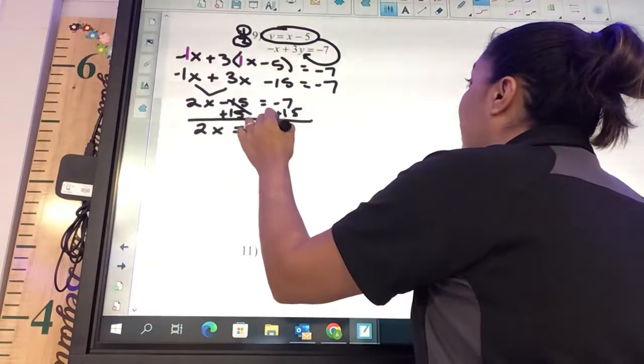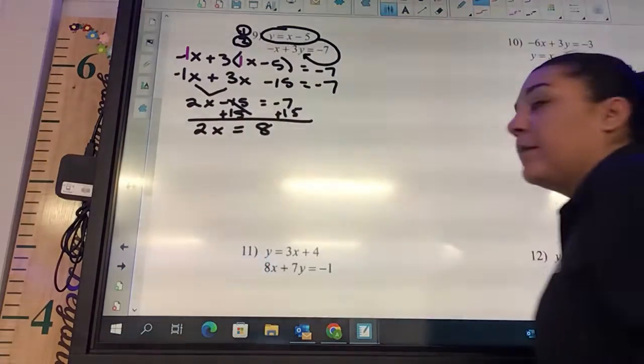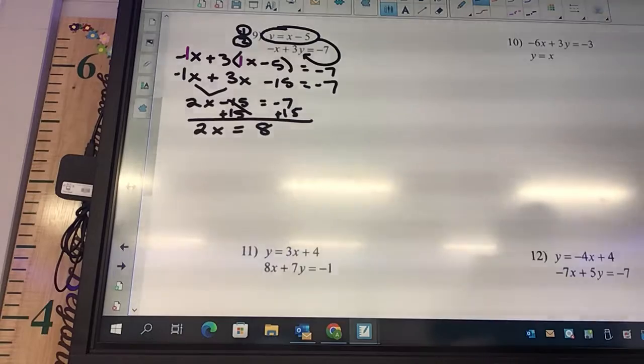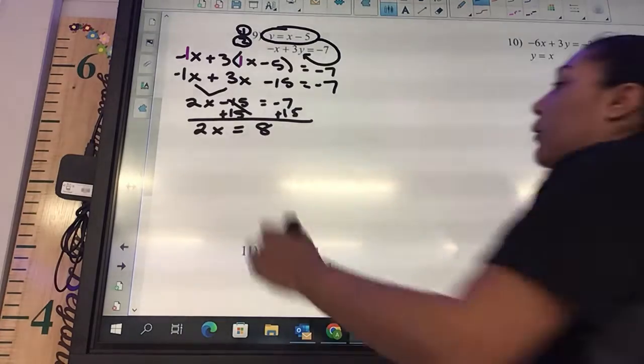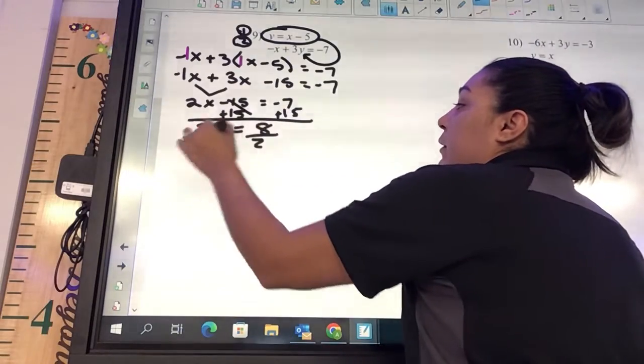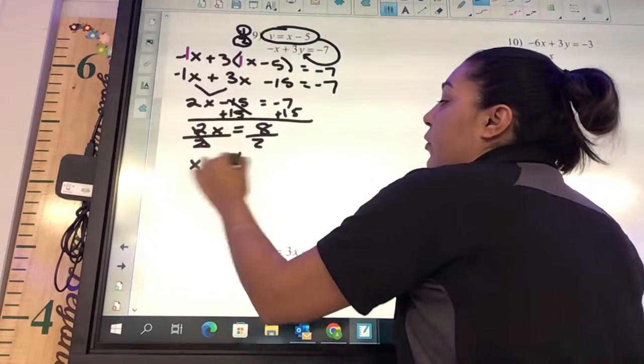8. Okay, and then we're going to divide by 2. So we get x equals 4.